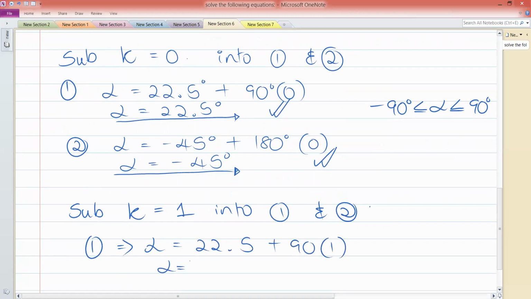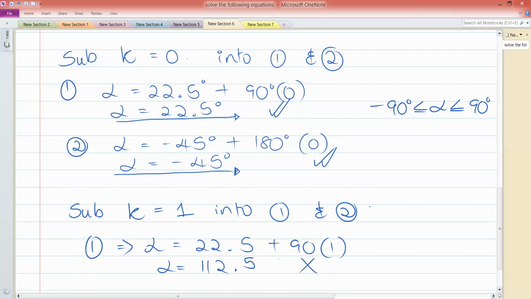What do you think is going to happen with this answer? 90 times 1 would be 90, plus the 22.5, that would be bigger than 90, so it would be too big.